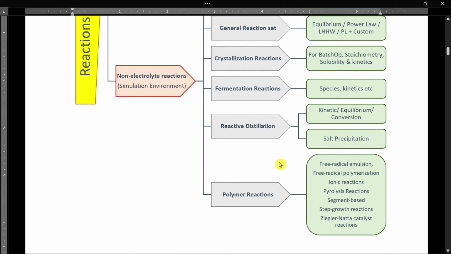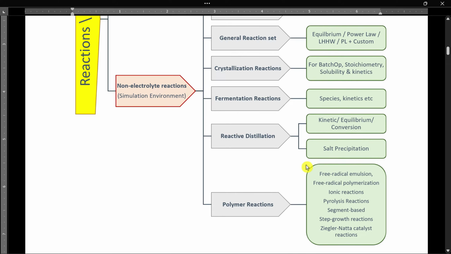Aspen Polymers enables the definition of a range of possible polymer reactions, including free radical emulsions, free radical polymerization reactions, ionic reactions, polymer pyrolysis reactions, segment-based step growth reactions, and Ziegler-Natta catalytic reactions.